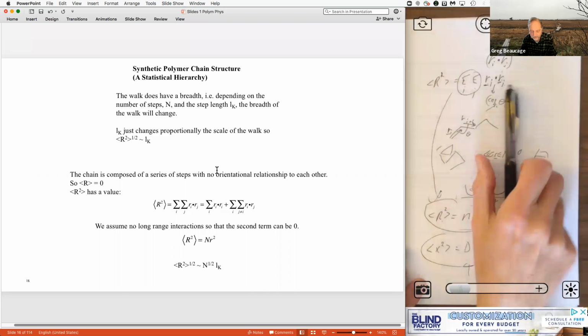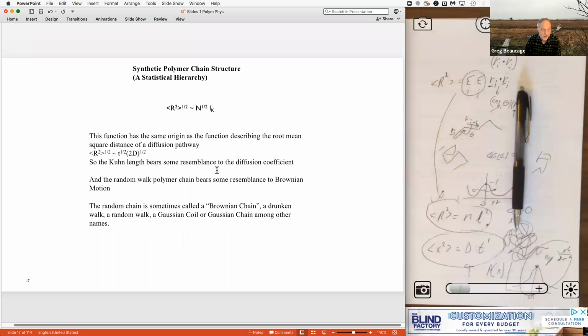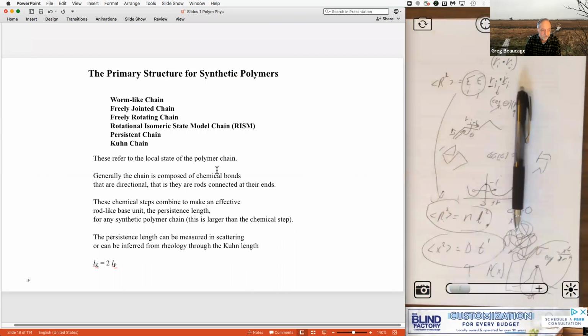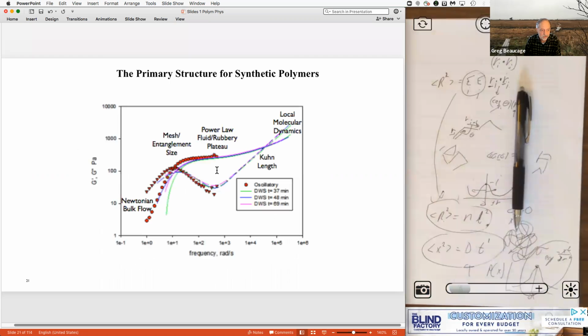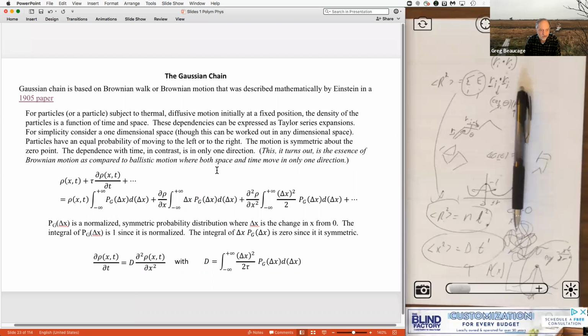So that came from this paper by Einstein that I wanted to go through. So we already talked about these things. Okay, so this 1905 paper by Einstein goes through where this random walk stuff comes from.